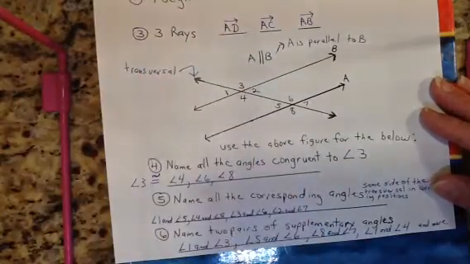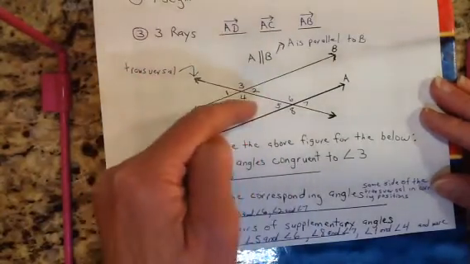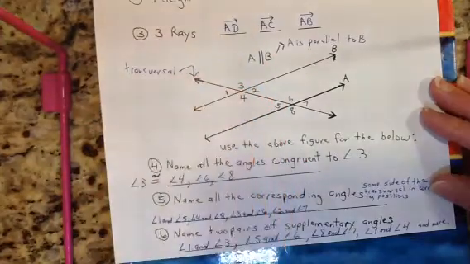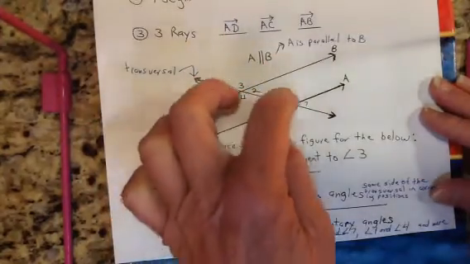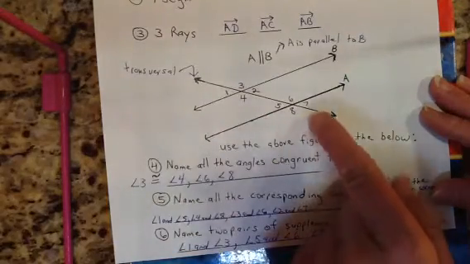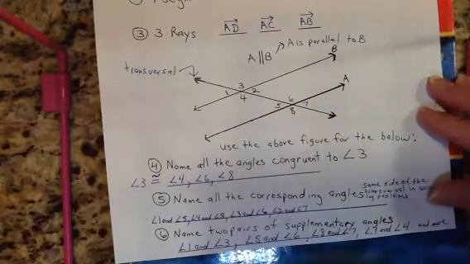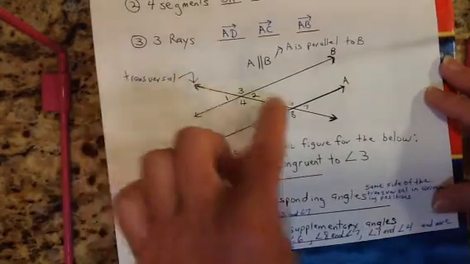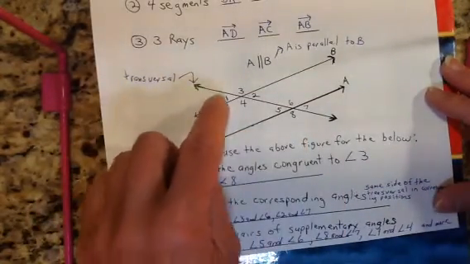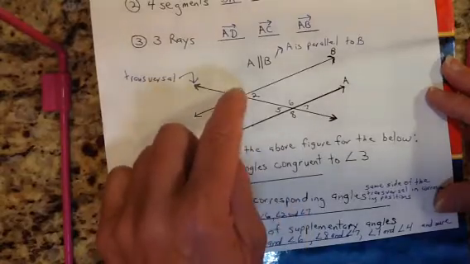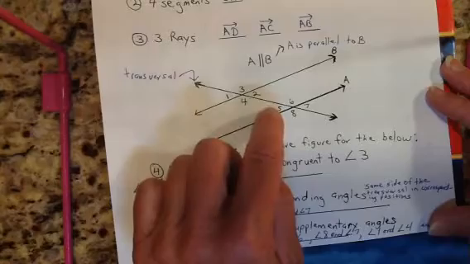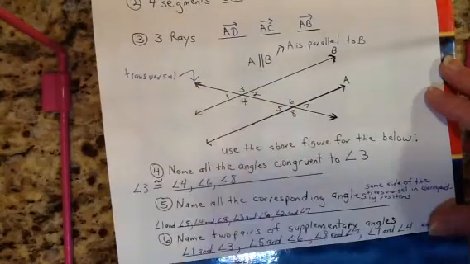So 1 and 3 are supplementary. And then underneath it, on this same line, angle 2 and 4 are supplementary, angle 5 and 6 are supplementary, angle 7 and 8 are supplementary, but then you could look at it kind of sideways with this line. Angle 1 and 4 would be supplementary, angle 3 and 2 would be supplementary, angle 6 and 7, and then angle 5 and 8 would be supplementary.